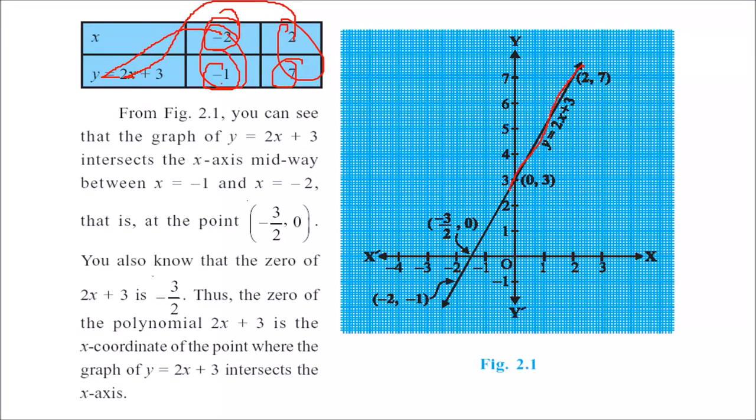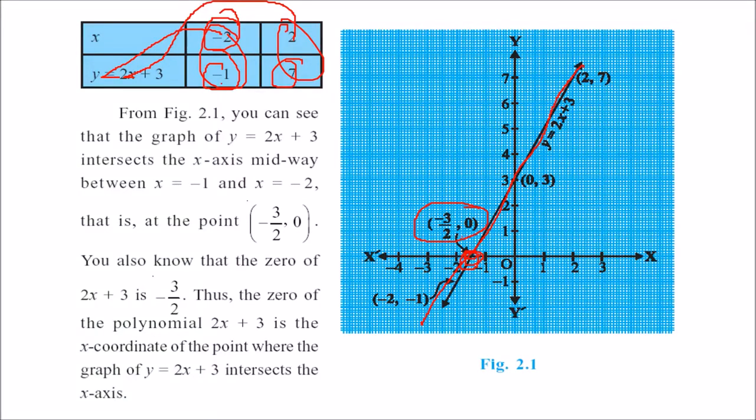Just straighten the line, and we see that when we straighten the line, it intersects the x-axis at minus 3 by 2 comma 0. This is the point here, minus 3 by 2 comma 0.